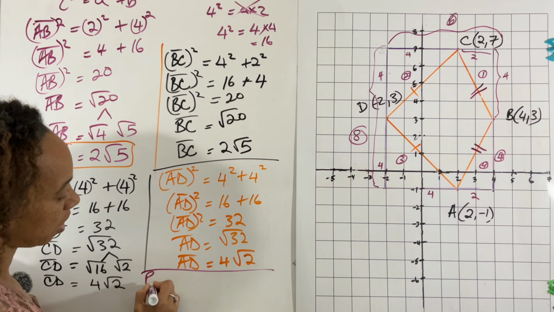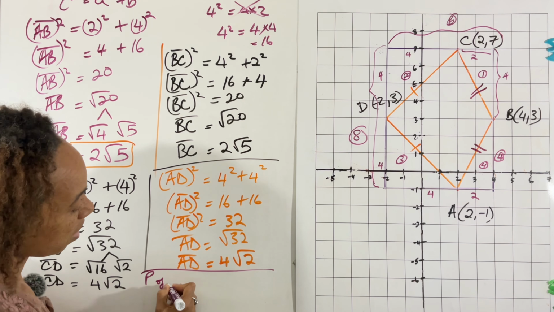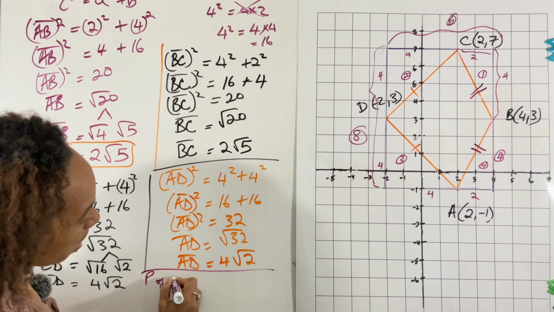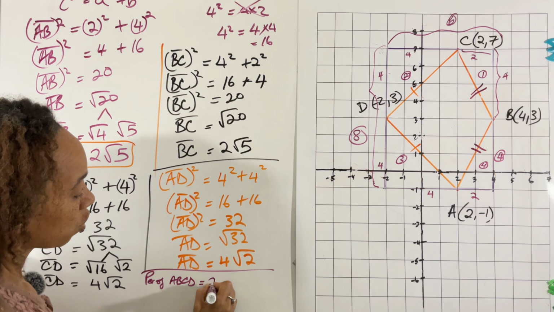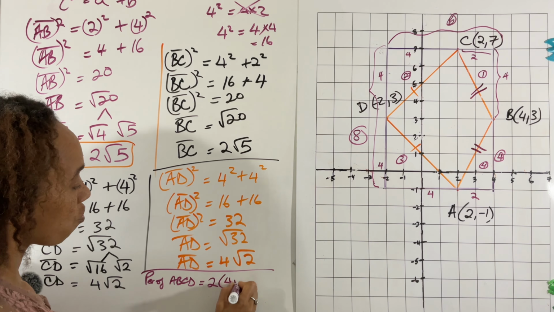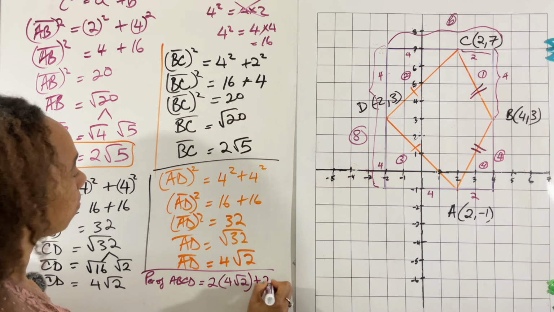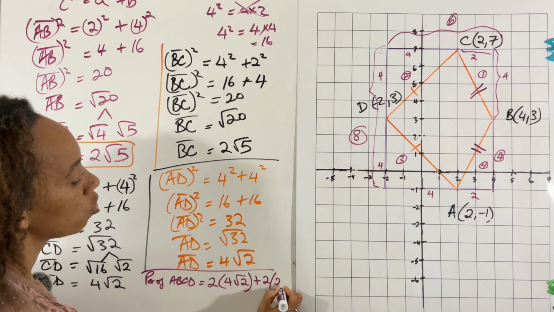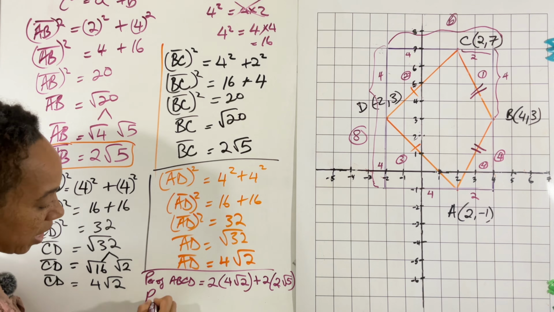of the object. Perimeter of, and we're not going to put rectangle, we're just going to put perimeter of ABCD is going to be 2 times 4 radical 2 plus 2 times 2 radical 5. Okay? And we're going to put this together.